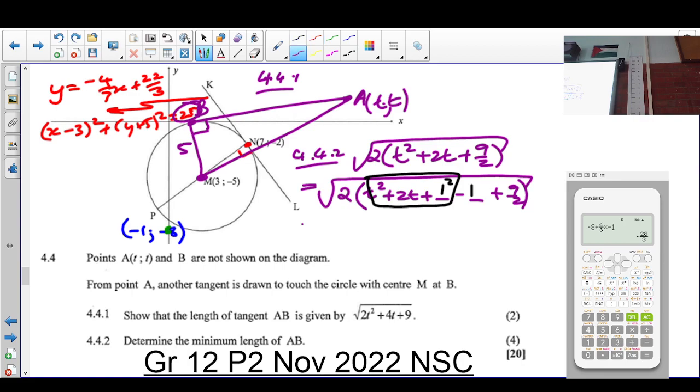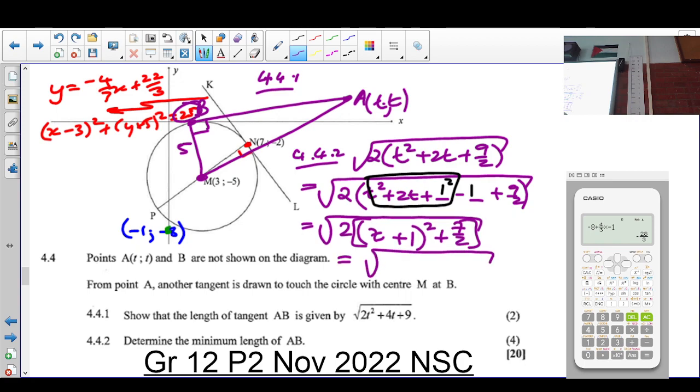So that's going to give us the square root of 2 into (t plus 1) squared, this was in brackets of course, plus 7 over 2. Multiply the 2 out, so I get the square root of 2 into (t plus 1) squared plus 7.